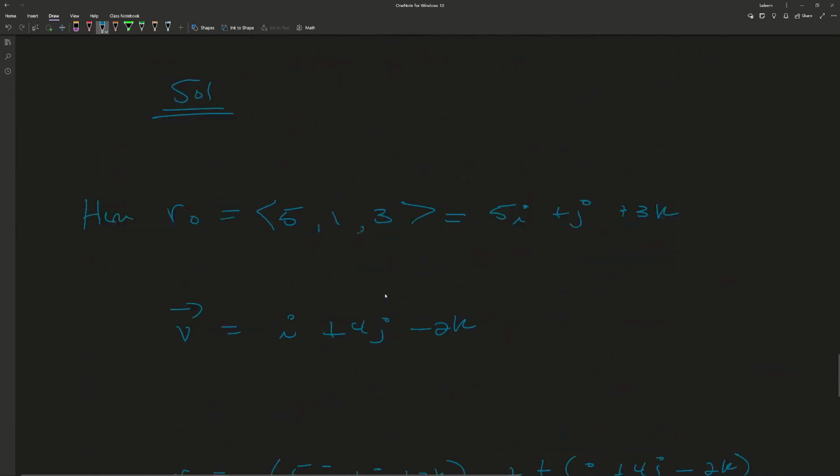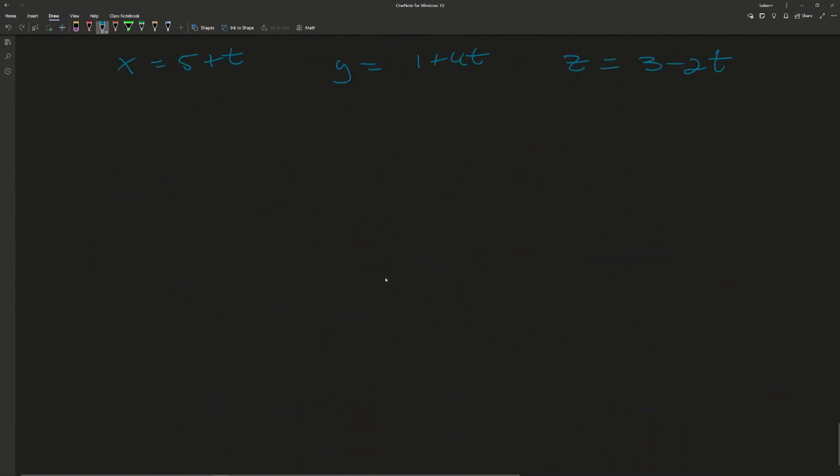So let's add another part: determine 2 other points on the line. So choose a value for the parameter.